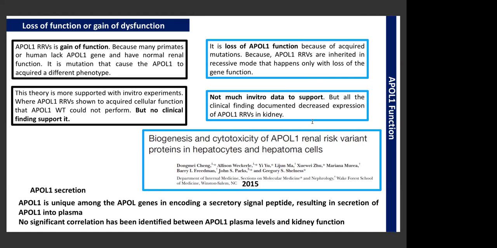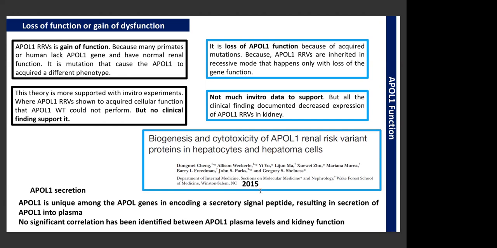Only genes associated with loss of function are inherited in a recessive mode. The people who believe it is a loss of function mostly have in vivo data, but they don't have in vitro data to support this concept. But the people who believe it is a gain of function have a number of in vitro papers and data showing that it is a gain of function.